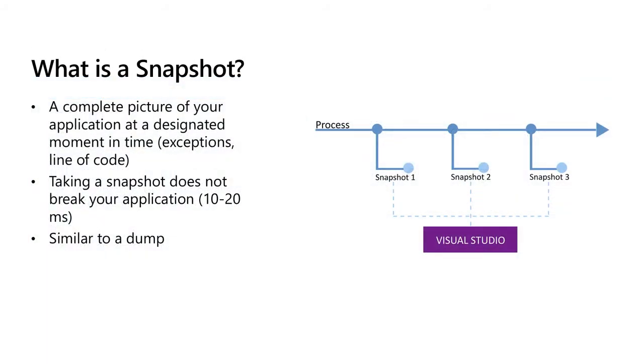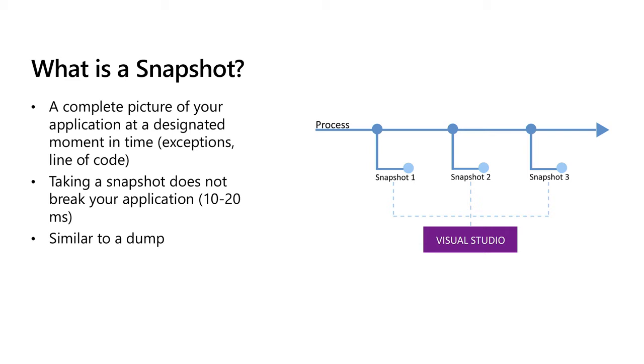So what is a snapshot? A snapshot is simply a photograph of your process at a particular moment in time. What you'll actually see in Task Manager is a copy of your original process, a much smaller copy, somewhere in the order of a few 10K of memory. In Visual Studio, we attach to one or more of those snapshots.